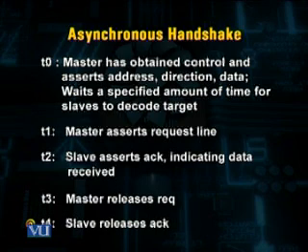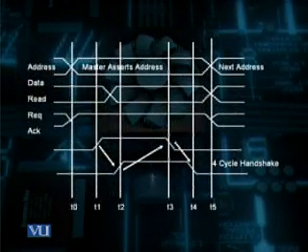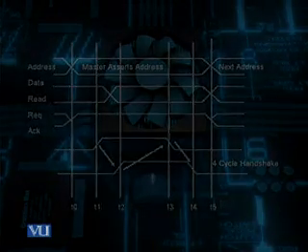Here please note that the terminology master is used for the controller, which is controlling the communication or generating the request, and the slave is used for the device which is responding to this request. Here you can see the read transition for the handshaking protocols.